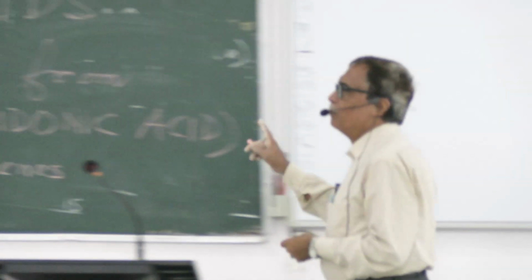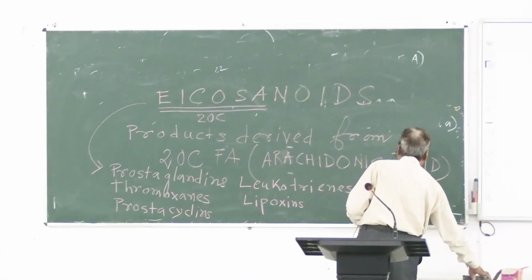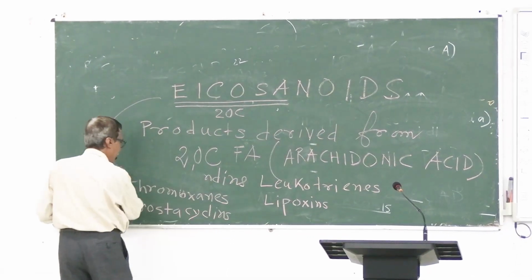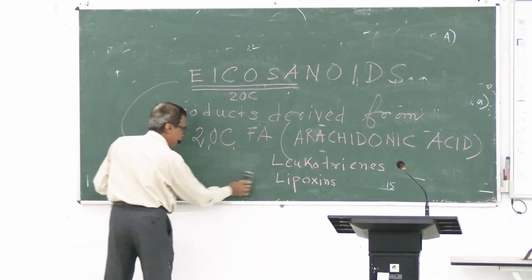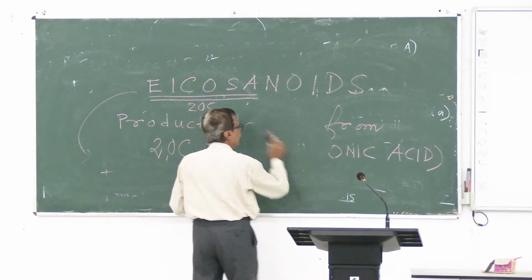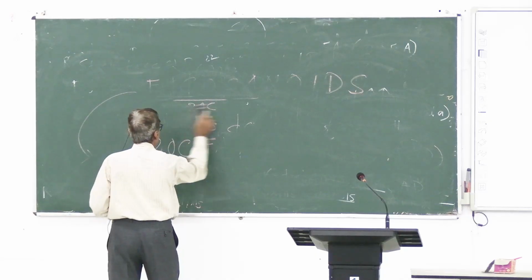A separate class will be taken on eicosanoids, because there is much clinical importance of the eicosanoids, and it will be described in one class later on. This is all about the chemistry of the lipids.